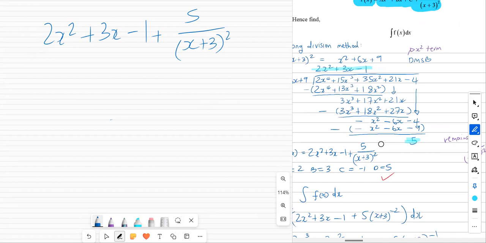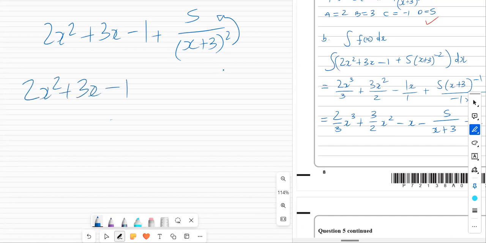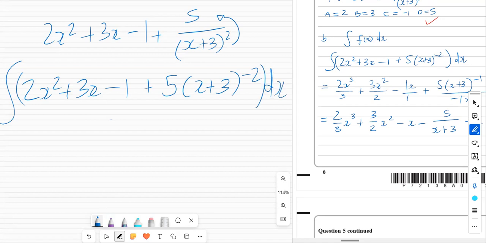The first thing I always do is I move this up. So 2x squared plus 3x minus 1 plus 5 times x plus 3 to the minus 2. So the exponent is negative in the numerator. This we can integrate quite easily. It's not too complicated from there.